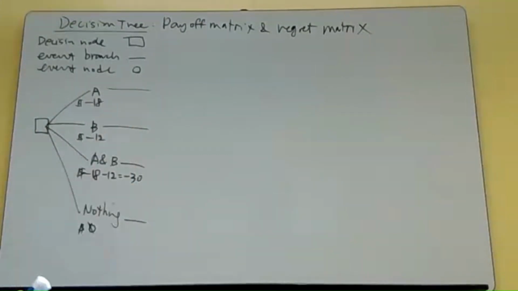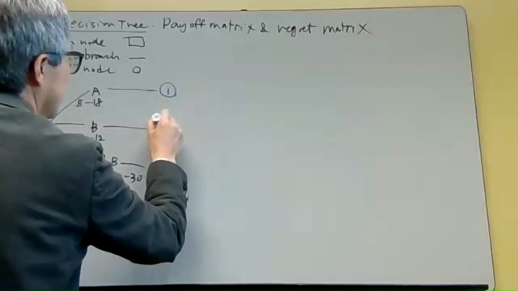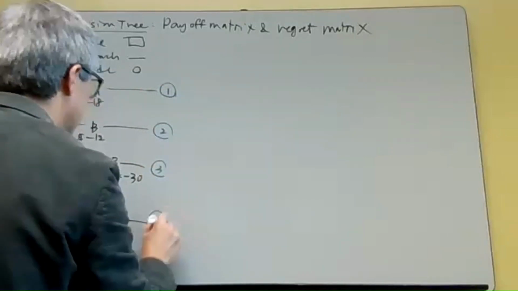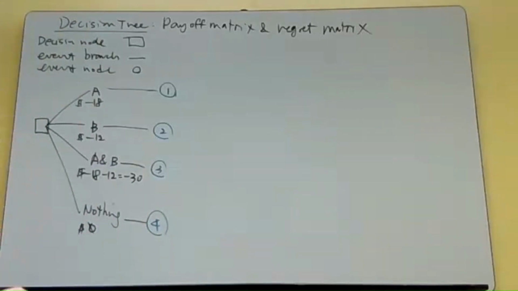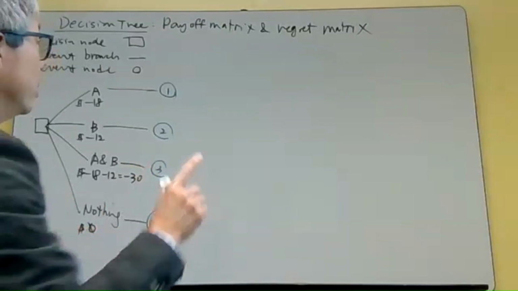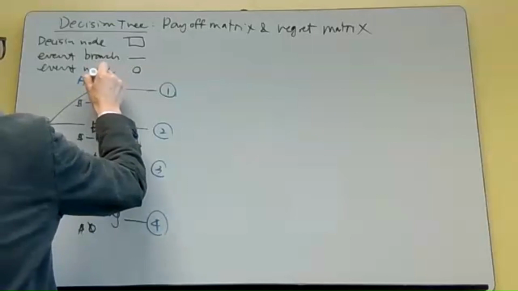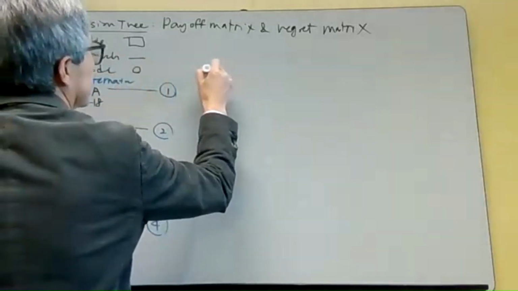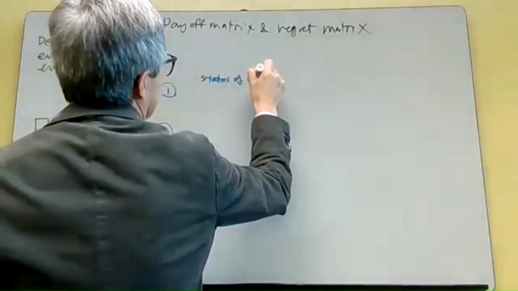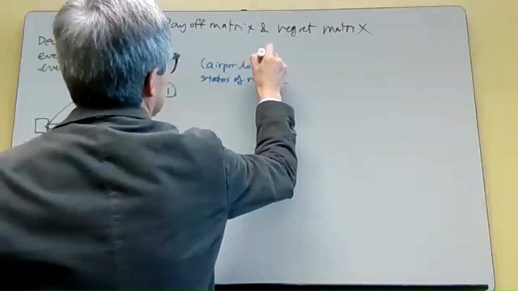So event branch now. Event node. Now you have two states of nature, right? For the alternatives, I have states of nature, which is the airport location, right?